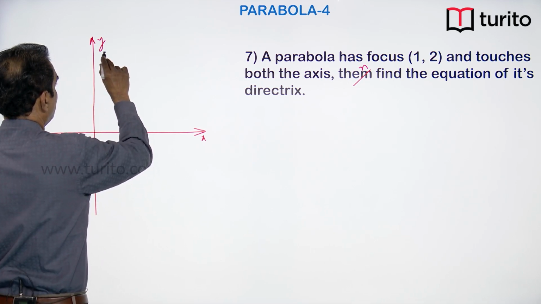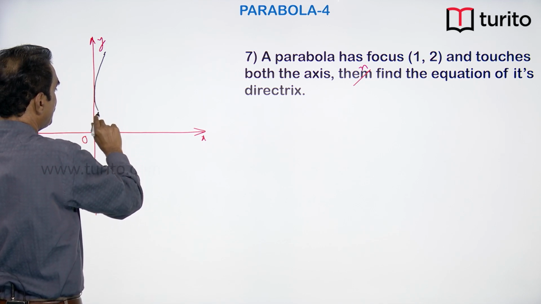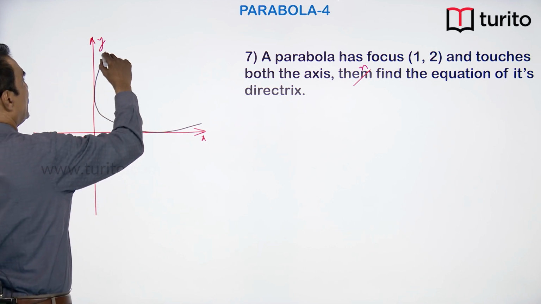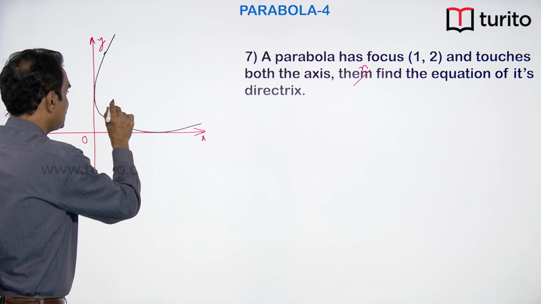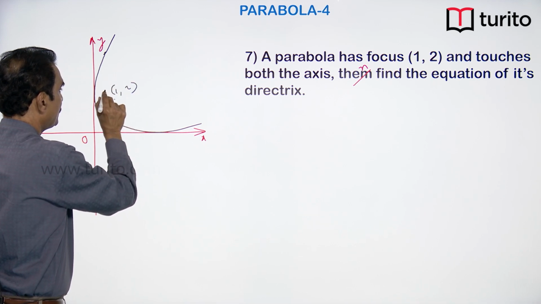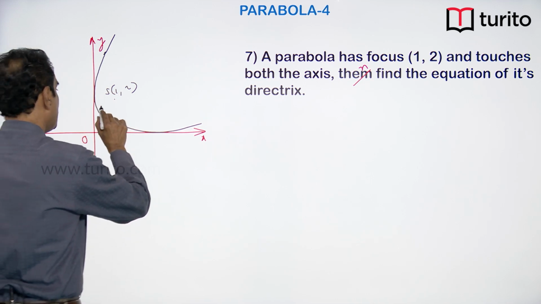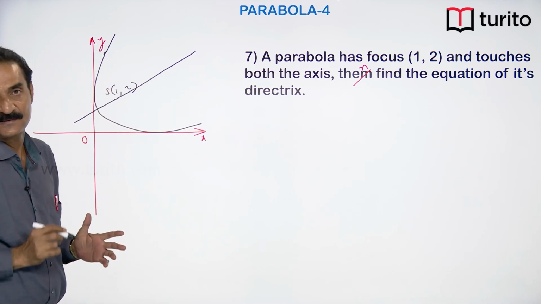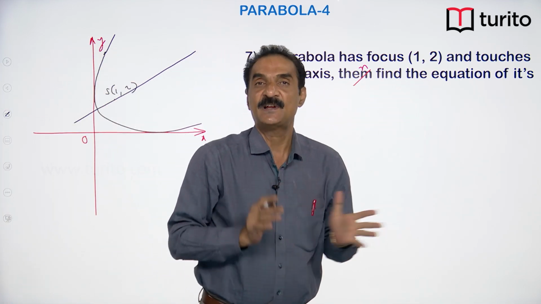Let us draw a parabola carefully, touching both the axes and having focus at 1, 2. Then it will have some line like this as axis. Now, what do you want? Equation of its directrix.